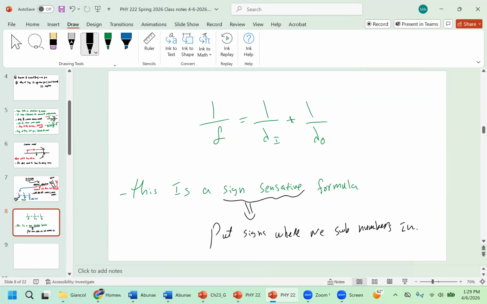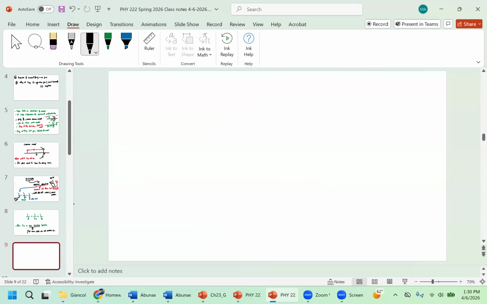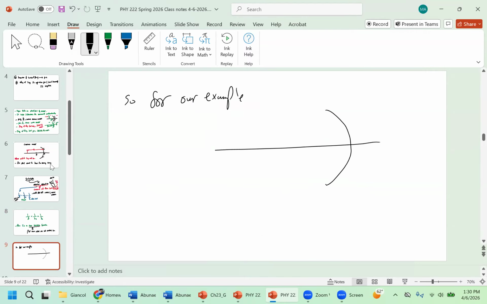So going back to our example, where you got your concave.